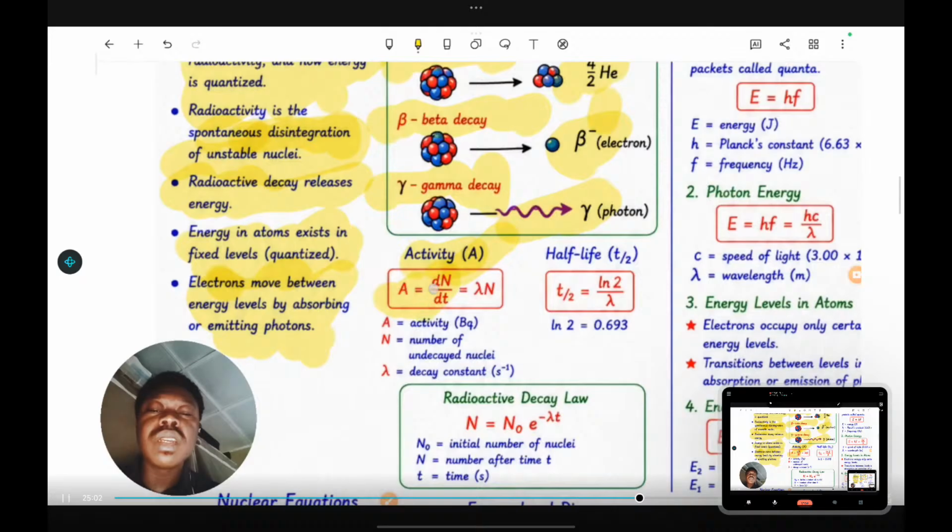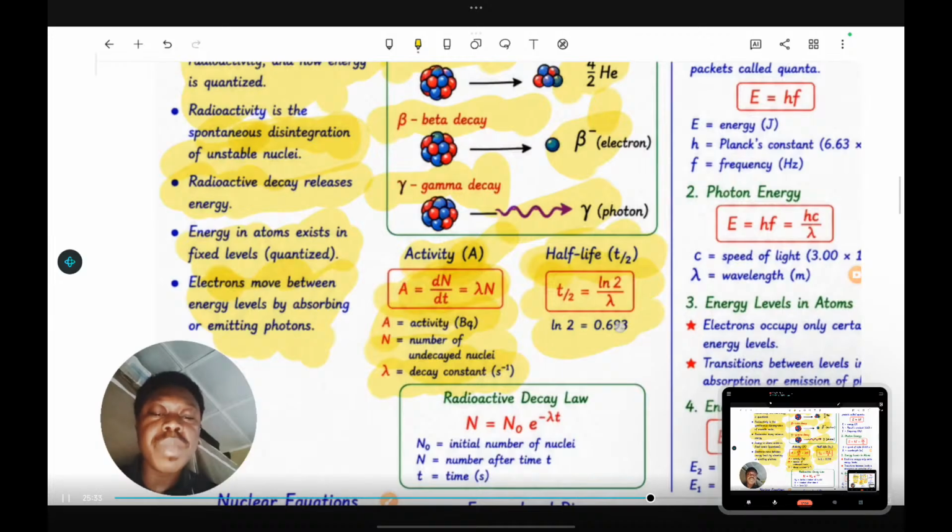A equals delta N over delta T, which can give you lambda N. This is one of your formulas that you can use, where A is the activity, N is the number of undecayed nuclei, and lambda is a constant in per second. Then half-life operates in the form of T half equals ln 2 over lambda, where ln 2 is a constant value.